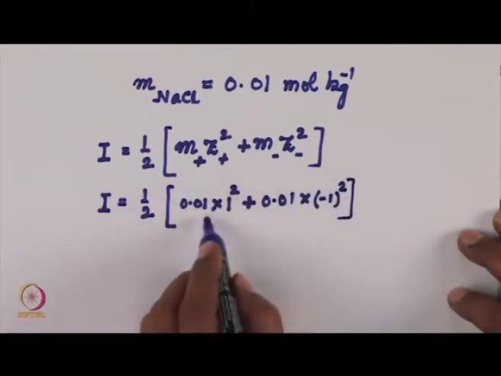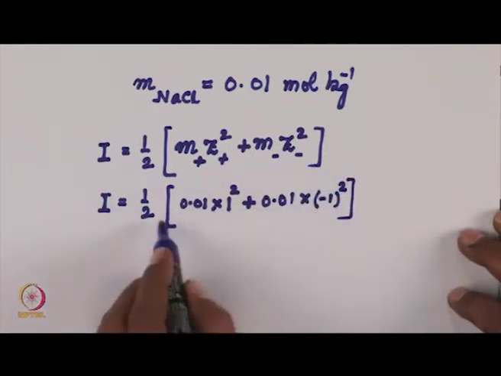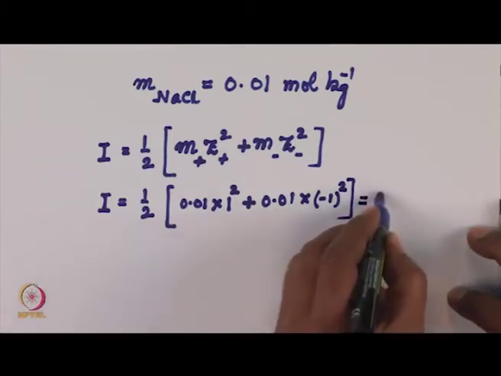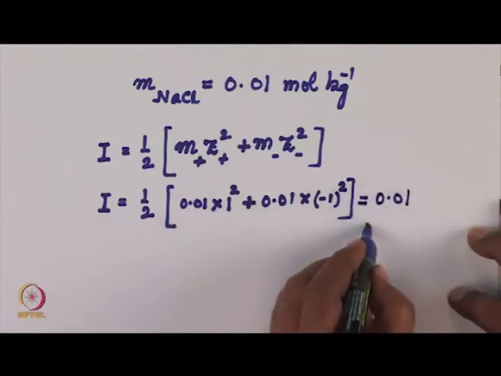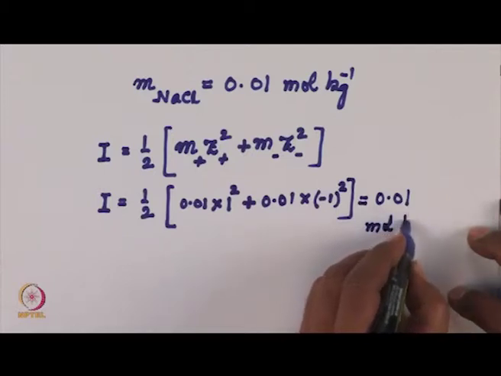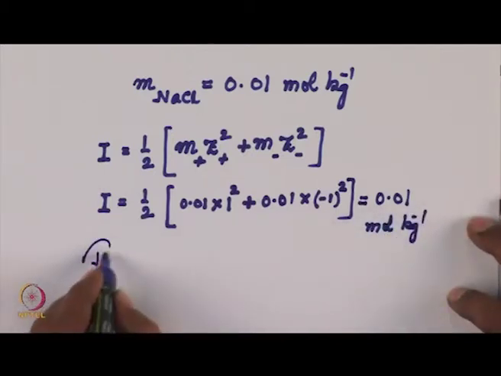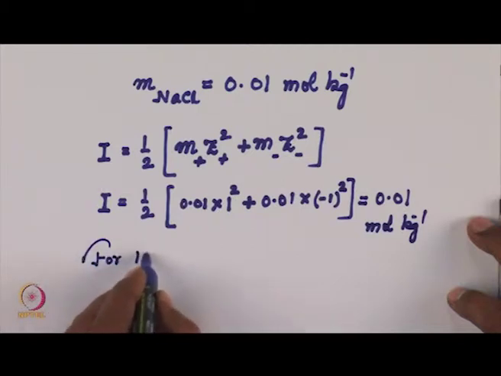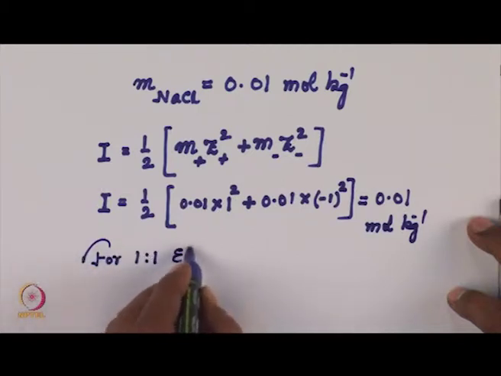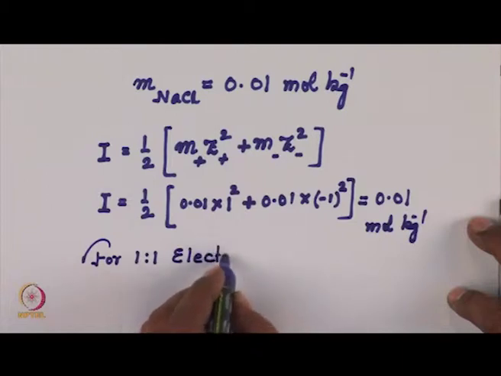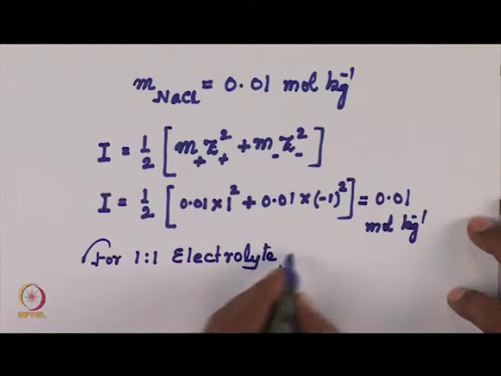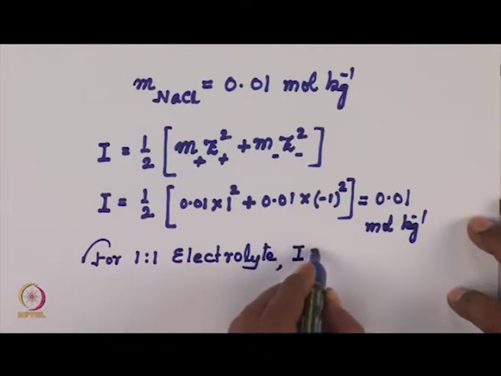So this is 0.01 plus 0.01 divided by 2, which is equal to 0.01 mole per kg. That means I can immediately write, for a 1:1 electrolyte, I is equal to M.